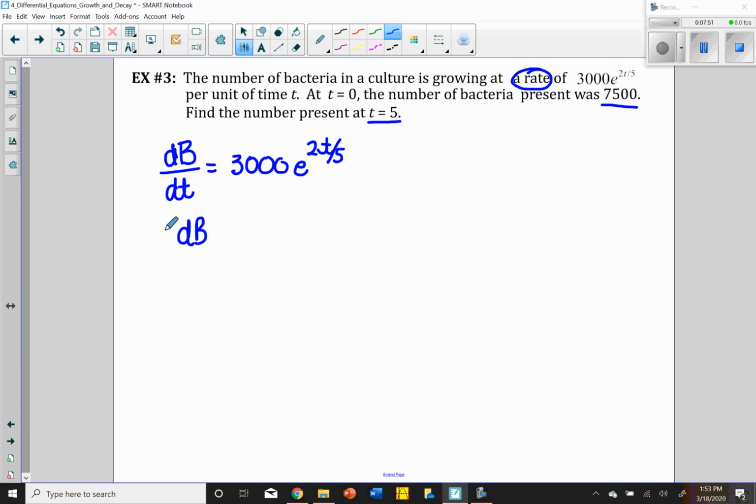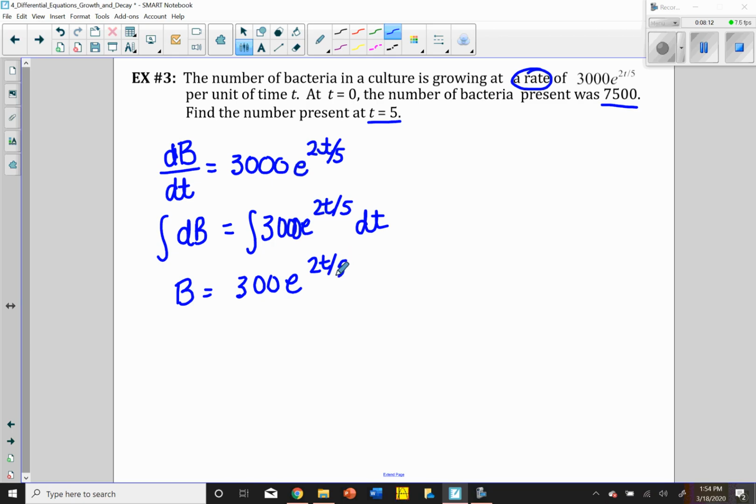Separating the dB with the dt, then the bacteria is the integral of 3,000 e to the 2t over 5. And if this is u substitution, if u is 2t over 5, then du is 2/5.